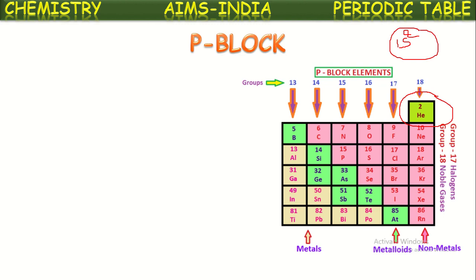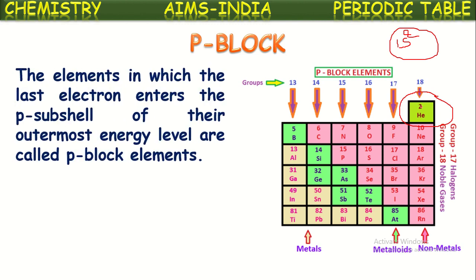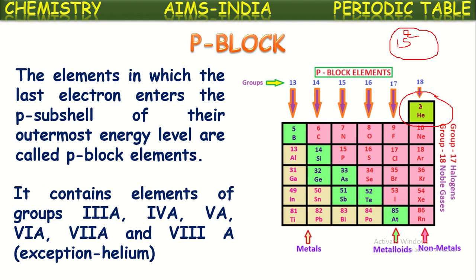So it should be at the left side actually. But because of its chemical inertness and similarity in properties with these elements, it is kept in the p block, even though it is an s block element. That's the only exception. For the remaining elements from third A to eighth A group, the differentiating electron is in the p subshell, so they are p block elements.